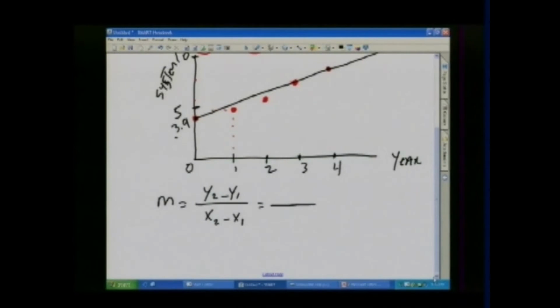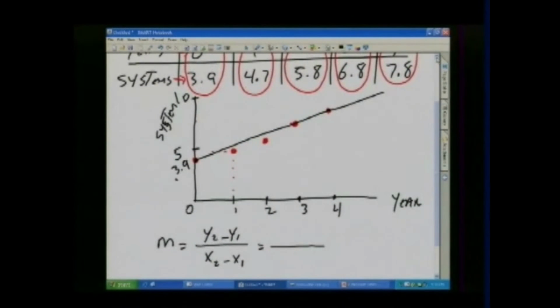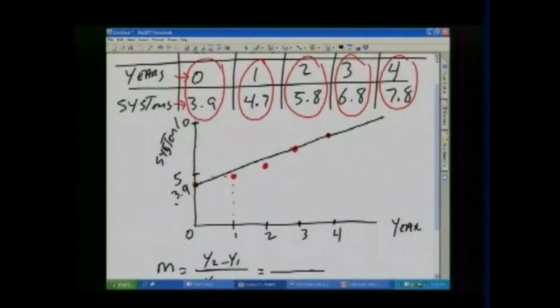Now I can take any points on my chart to be the second point and the first point. Let's say between here and here, if you want.